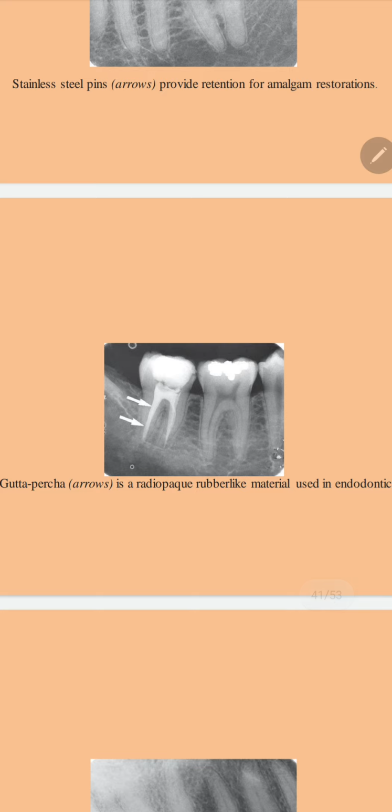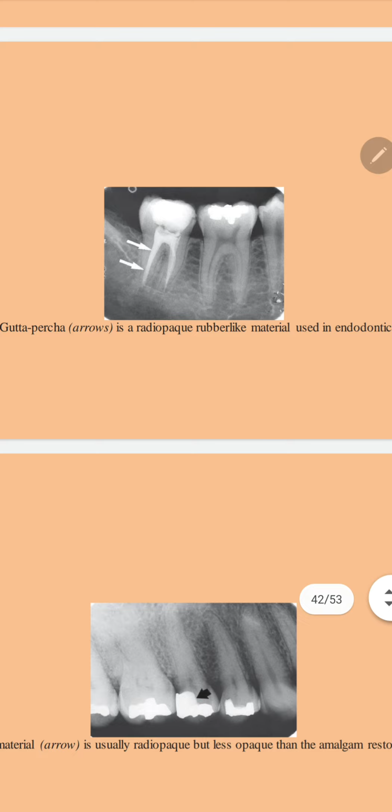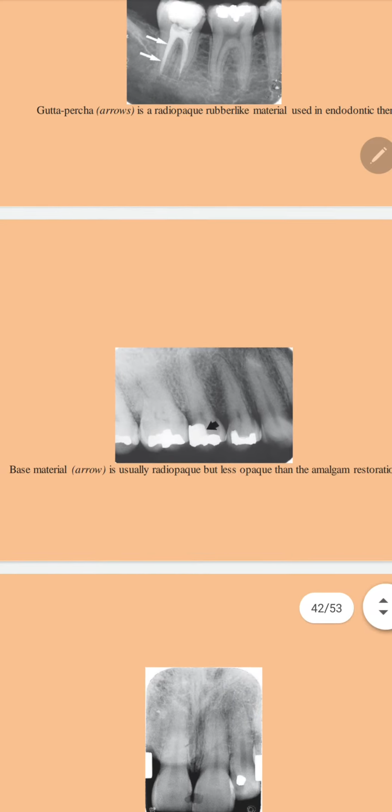Root canal treatment, which is composed of gutta-percha, a radiopaque rubber-like material, appears radiopaque in the canal and pulp chamber of the tooth. Base material, the cement, is usually radiopaque under the filling, but the opacity is less than the amalgam filling.